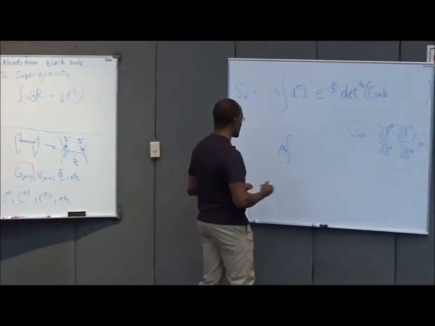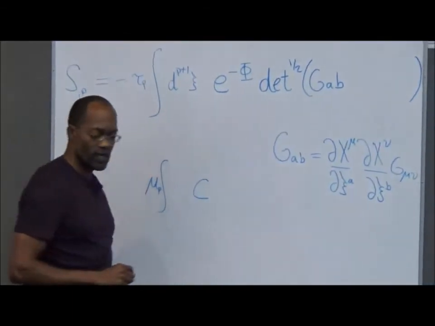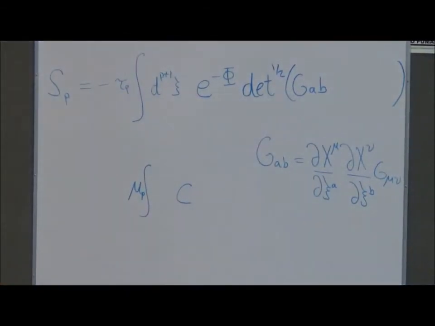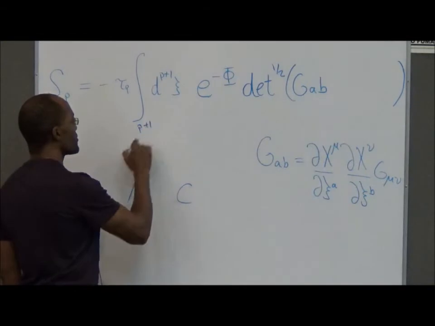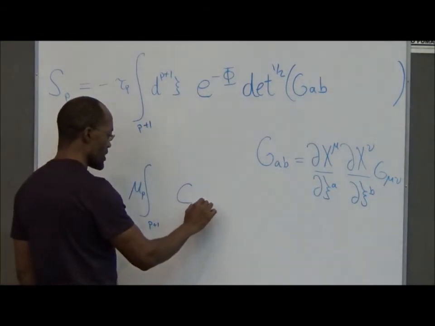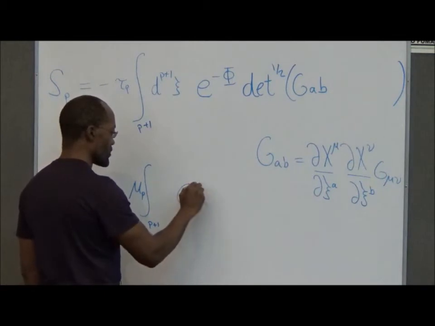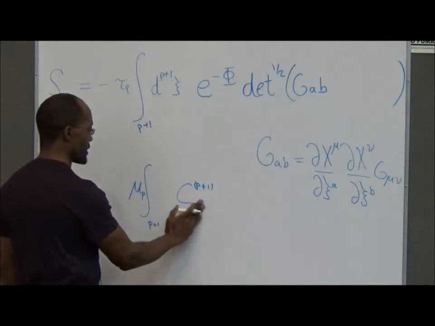And I said, well, they would be the natural things to integrate over the world volume of the D brane. So I have a P plus 1 dimensional world volume. All right, so the natural thing would be C, in the notation I've been using, would be C_{p+1}.